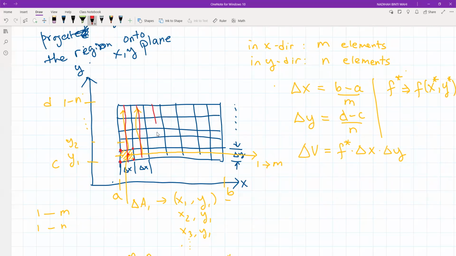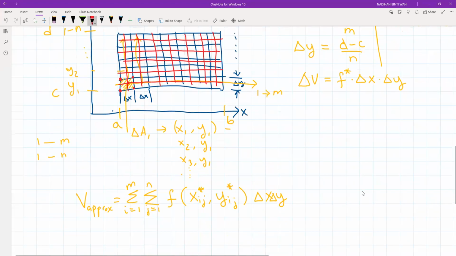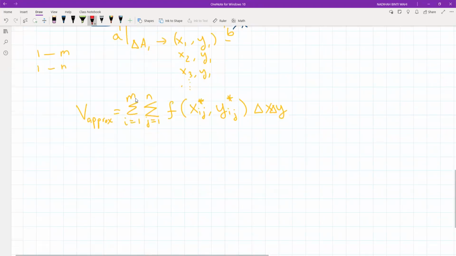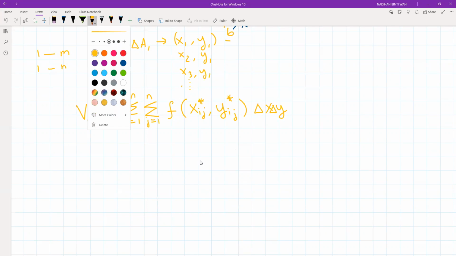Divide in x direction, and then you can also increase the number of rectangles in y direction, to make it more precise. So in that case, you let m go to infinity, n go to infinity. This is the definition of the double integral.